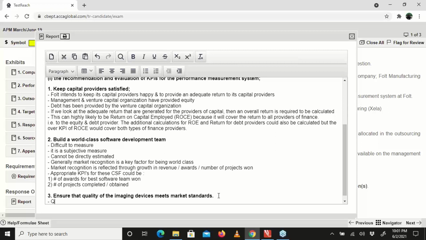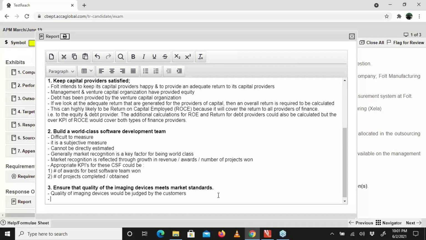So the quality of imaging devices would be judged by the customers. The customer reactions, the customer's suggestions, the customer's referrals would be a suggestive measure for the quality of the devices.